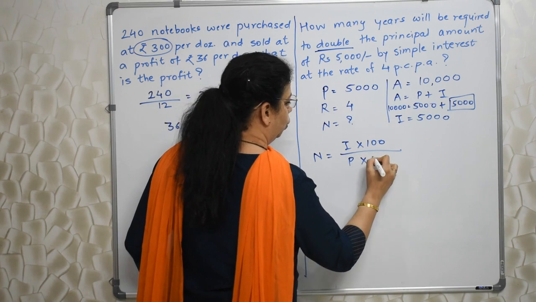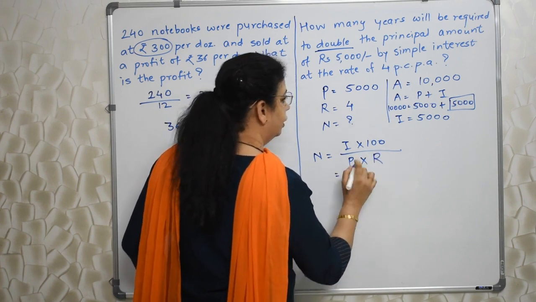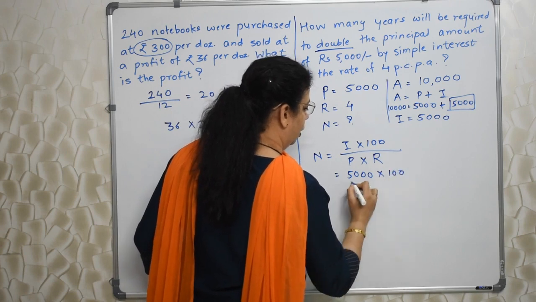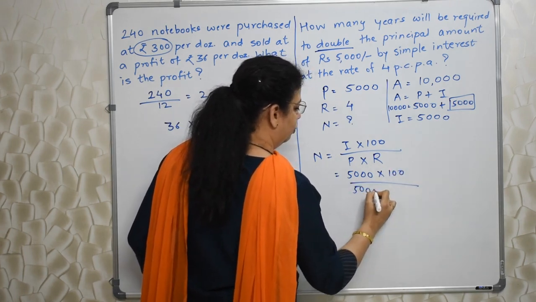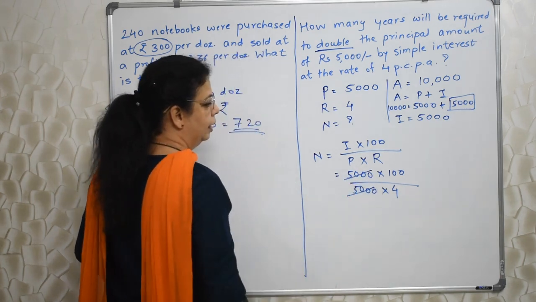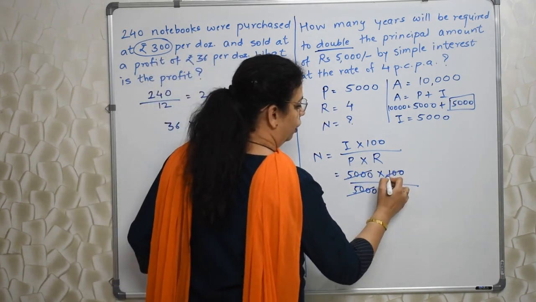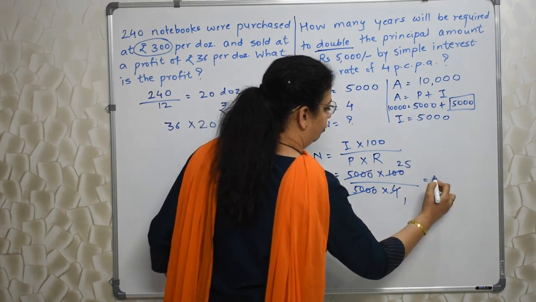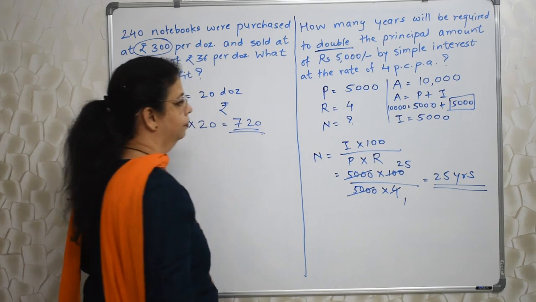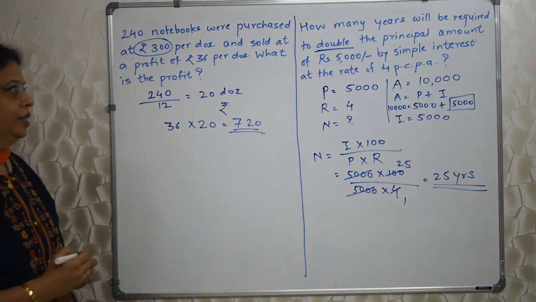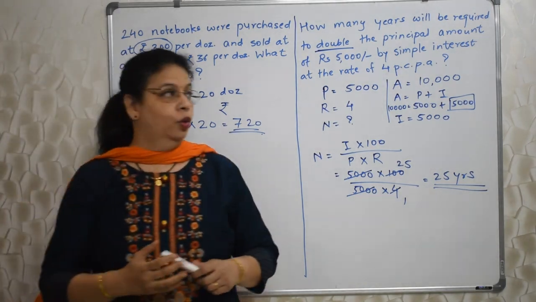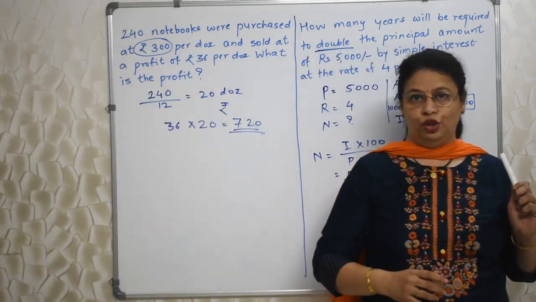I कितना है? 5,000 into 100 upon principal भी 5,000 है into R 4. ये 5,000 इसके साथ चला जाएगा. 4 और 100 का division 25. So 25 years is the answer. Very very interesting sum. Okay. I hope you all have understood this.